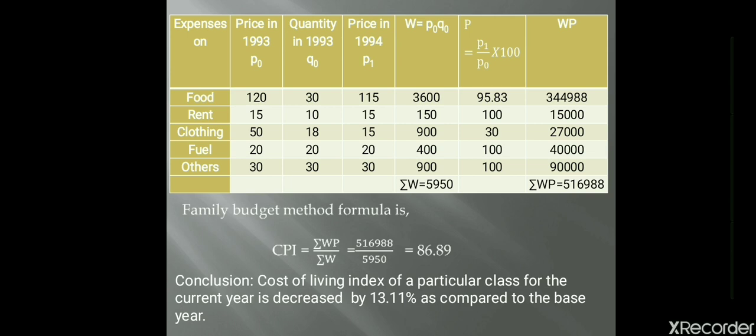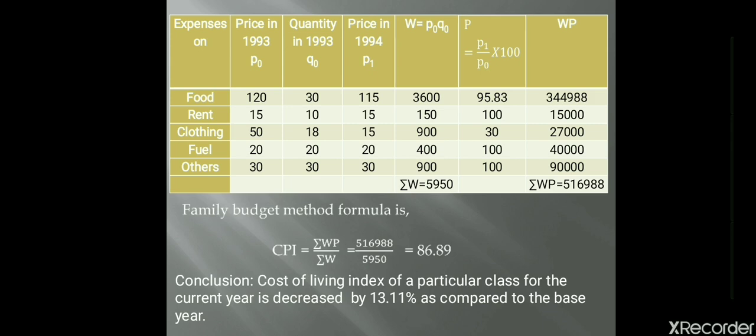Here in the first column, expenses on different items are given for food, rent, clothing, fuel and others. Then P naught values, Q naught as well as P1 values are mentioned with the notation.